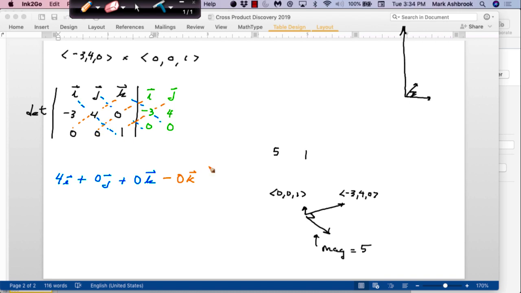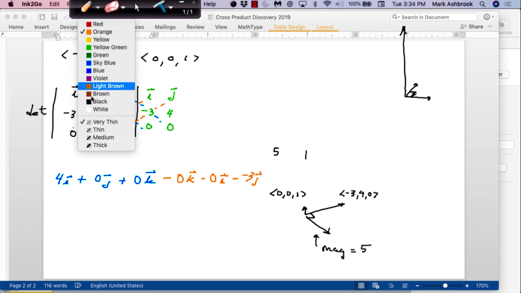Minus 0i. Lots of zeros in this one. Minus -3j. So it becomes plus. Minus -3. And then you're going to combine your like components, and that gives you the cross product.